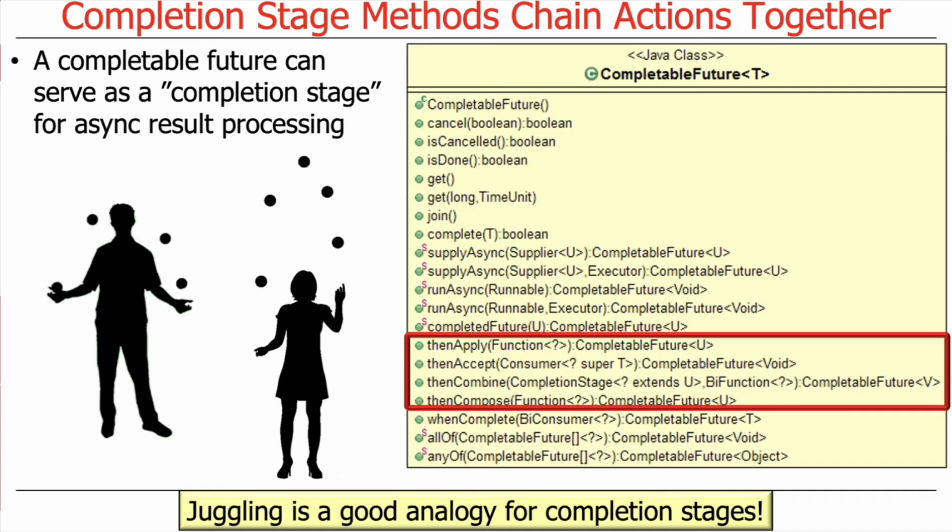When I think about completion stage methods, the mental model that comes to my mind is juggling. If you've ever watched somebody juggle, the whole idea is to keep as many balls in the air as possible and only touch the ball long enough to transfer it from one hand to the other or to throw it back up if you're doing one-handed juggling. You don't keep the balls in your hand very long.